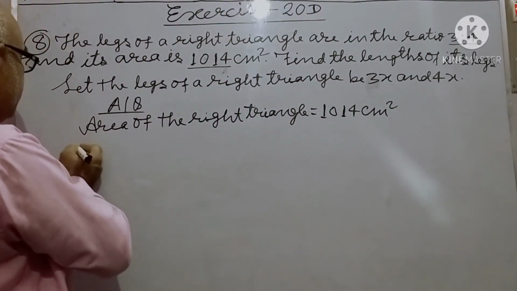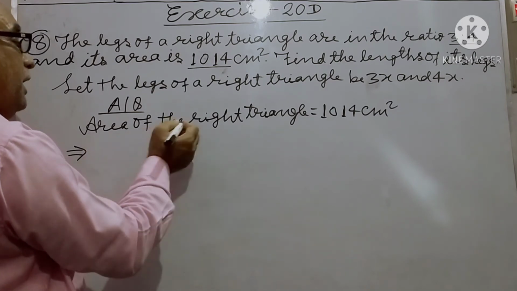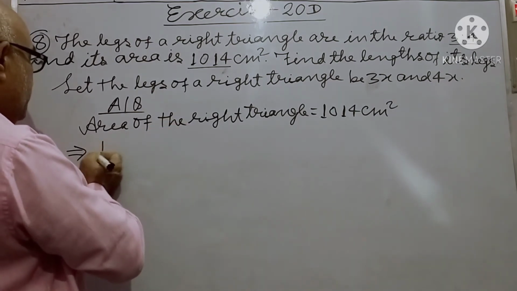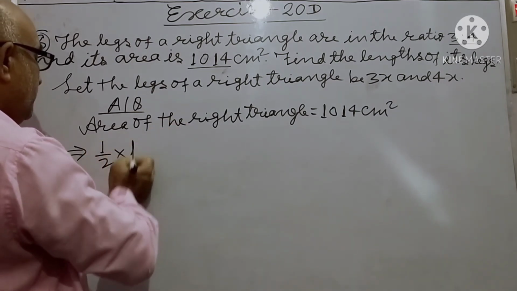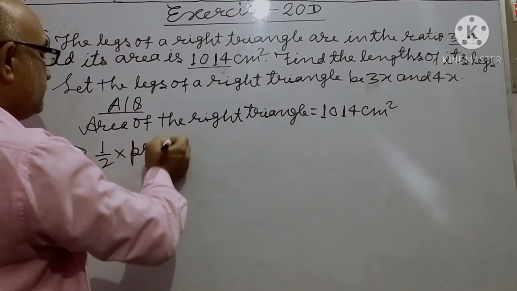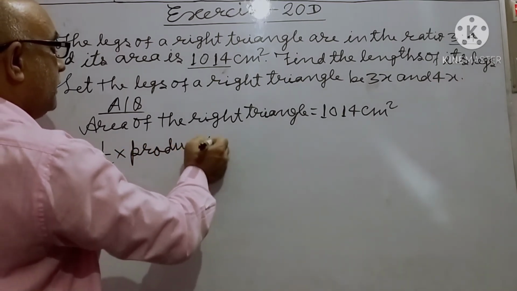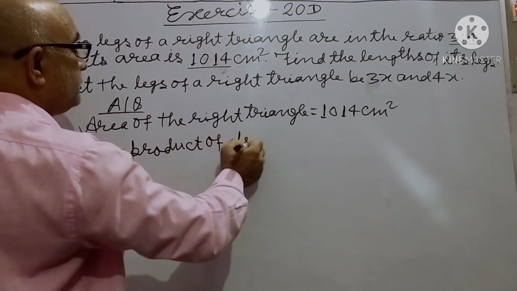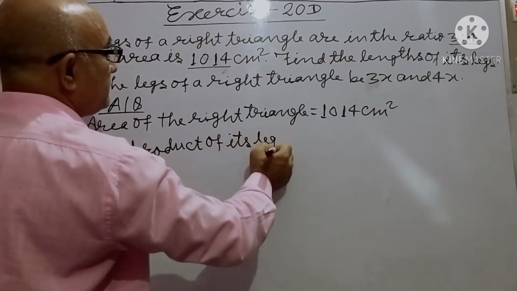That implies area of the right triangle equal to 1 by 2 into product of its legs.